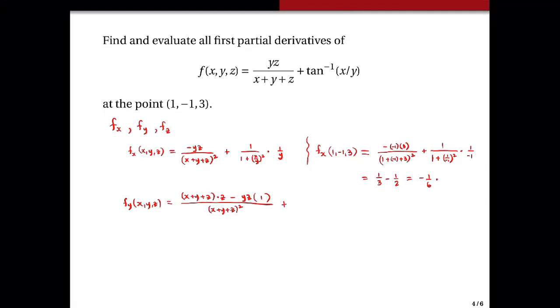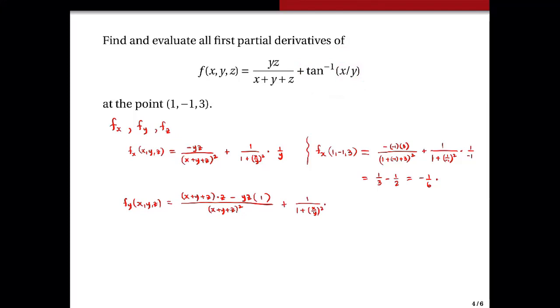Plus in here, we need this because the argument here has y. Okay? So we need to get the derivative of tangent inverse. Just like before, we will have 1 over 1 plus (x over y) quantity squared, times, by chain rule, the derivative of x over y with respect to y this time.